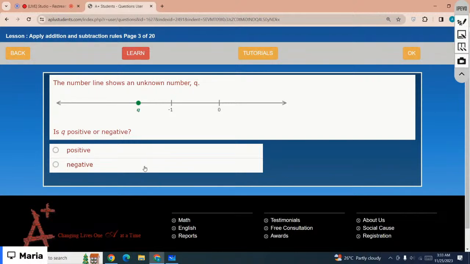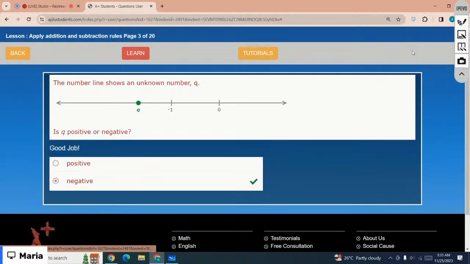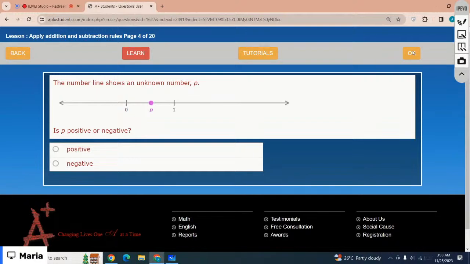Yes, again it is a negative number because you are on the left hand side of 0. Okay, the number line shows an unknown number p. Is p positive or negative?